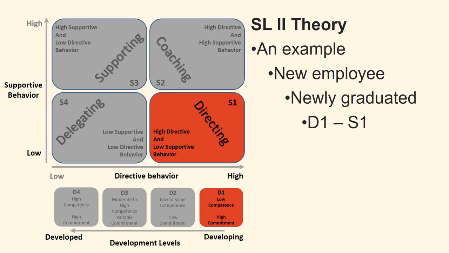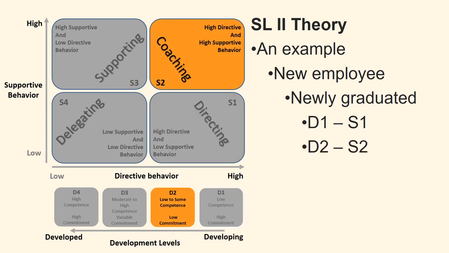The employee does not consider it difficult to acquire the necessary skills for the job. Therefore, you judge him to be at development level D1 and choose the leadership style S1, where you direct the employee. You give direction about what, how and when. You also check in frequently about the progress of the task.